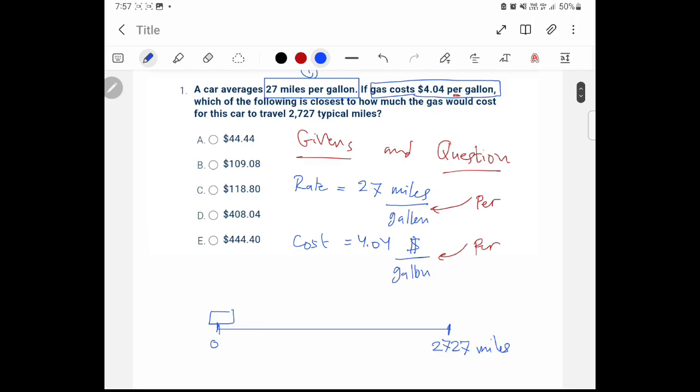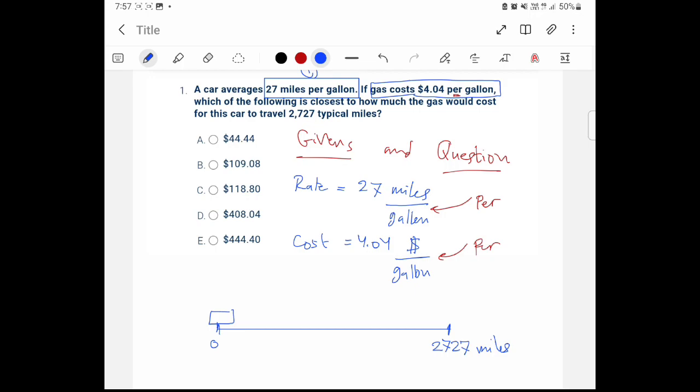In this case, we have to find the amount of gallons first that will actually be needed to travel the whole distance.